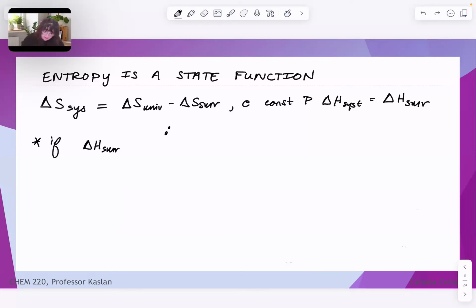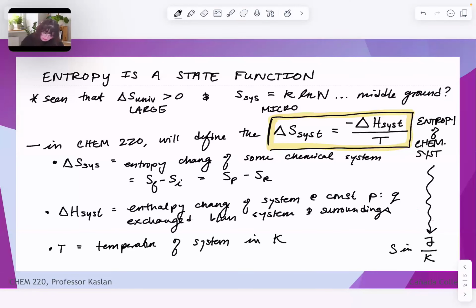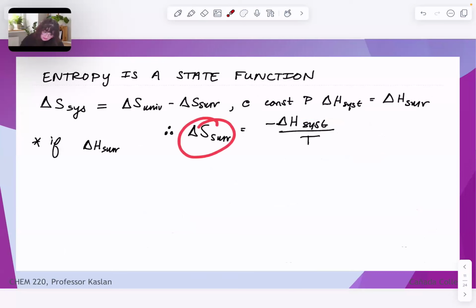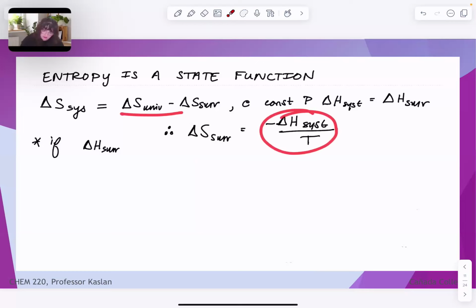So we've got delta S of the surroundings is equal to negative delta H of the system over T. So going back here, if we're talking about the heat of the system, and if we're talking about the change in entropy of the surroundings, which relates to the universe, then we've got to just make this negative. So it's a question about system versus surroundings.